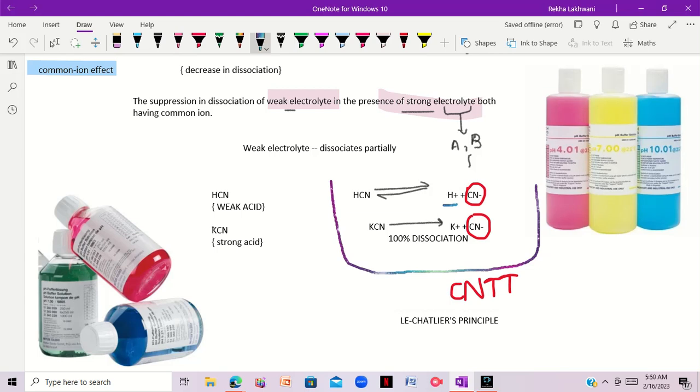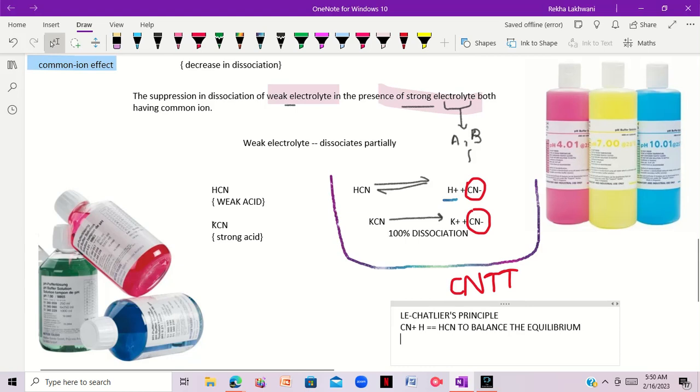Now what will happen, this CN will combine together with hydrogen ions to form hydrogen cyanide to balance the equilibrium. So thus, the equilibrium will shift backward.